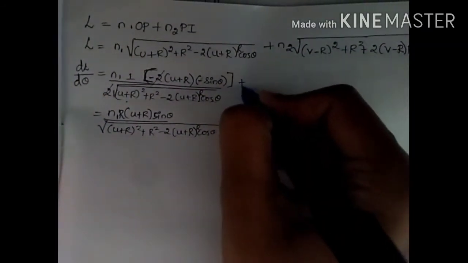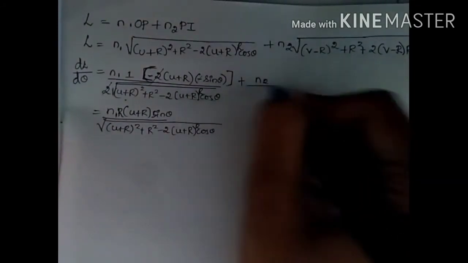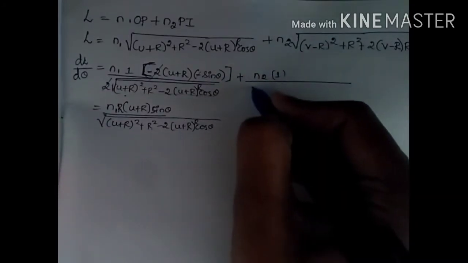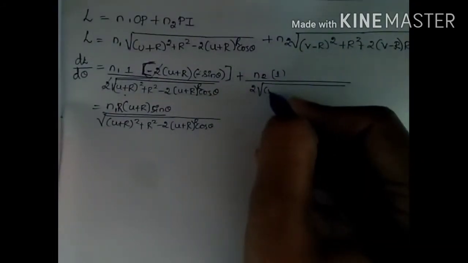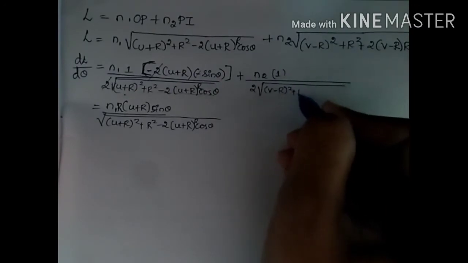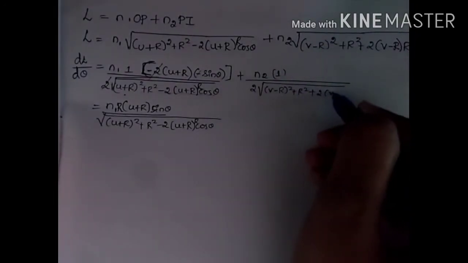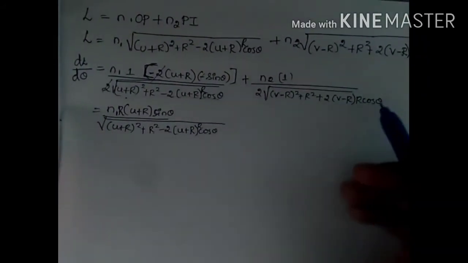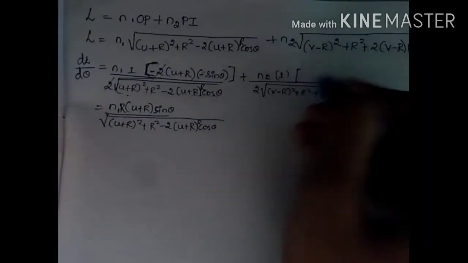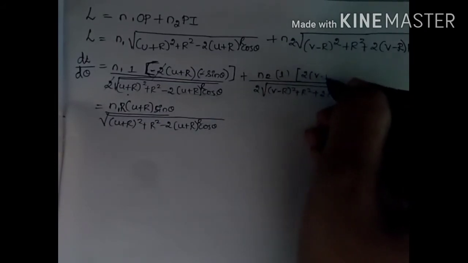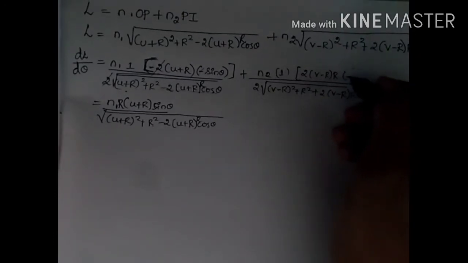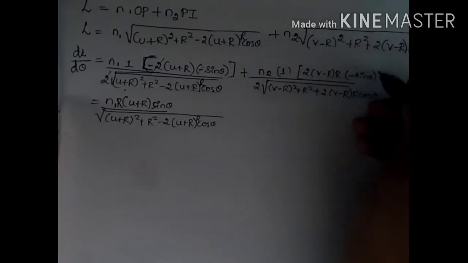Let us do the same thing for the second part. n2 remains as it is. The differentiation of root x is 1 by 2 root x. So (v minus r) whole square plus r square plus 2(v minus r) multiplied by r cos theta. If you differentiate this, you get 2(v minus r) multiplied by r, and the differentiation of cos theta is minus sin theta.